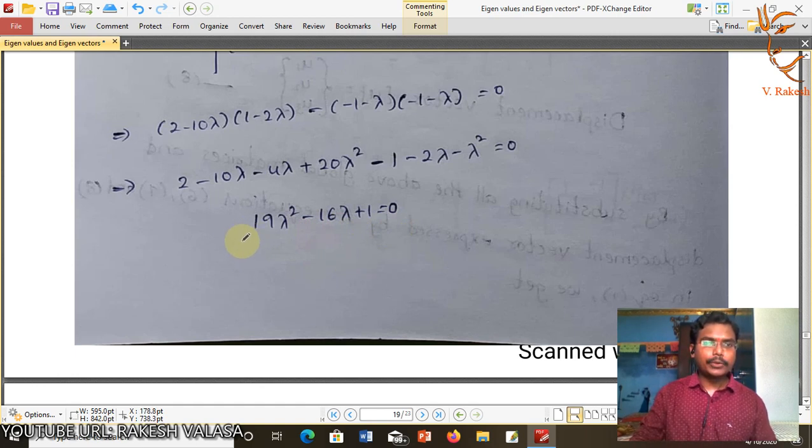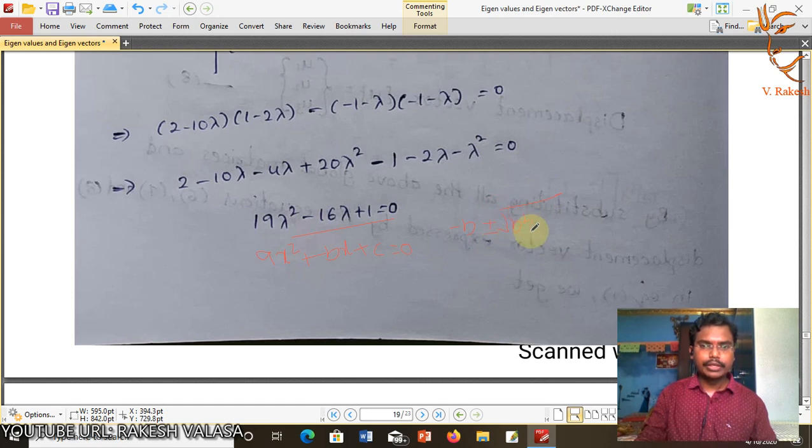Now calculate the roots for this equation. This is in the form of ax square plus bx plus c. We know the formula to calculate the roots for this equation, that is x equals minus b plus or minus the square root of b square minus 4ac, divided by 2a.